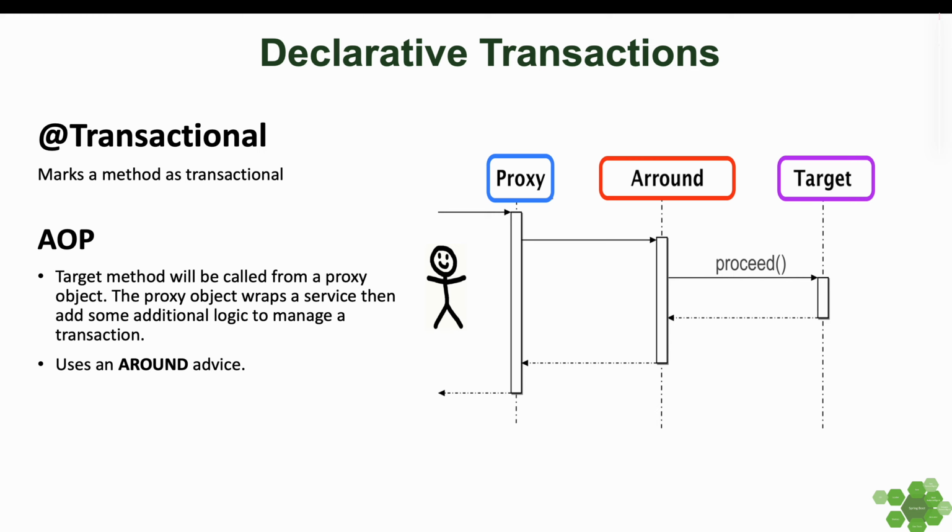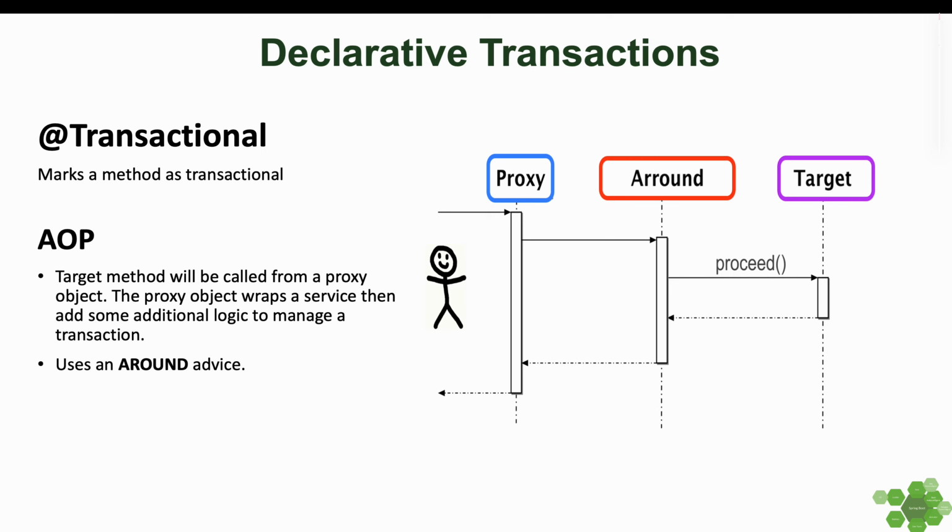It will begin a transaction, then delegate a call to the target method. When the method is completed, the call will go back and the proxy will end the transaction and then return the call to whoever was calling. So you see that the target method in this case is called from a proxy object, and the proxy object wraps a service which you want to call, which is the target object, then adds some additional logic to manage a transaction.